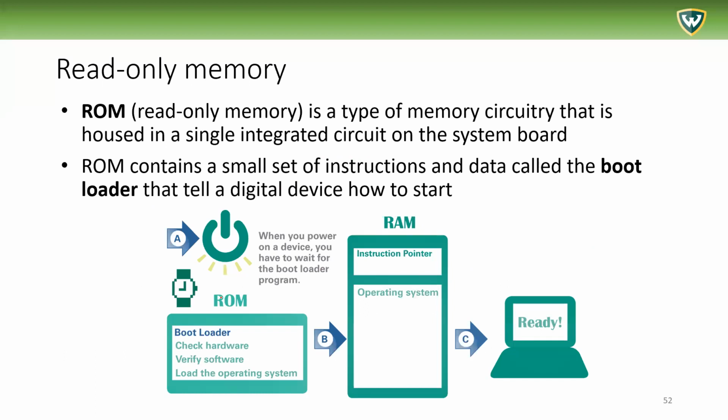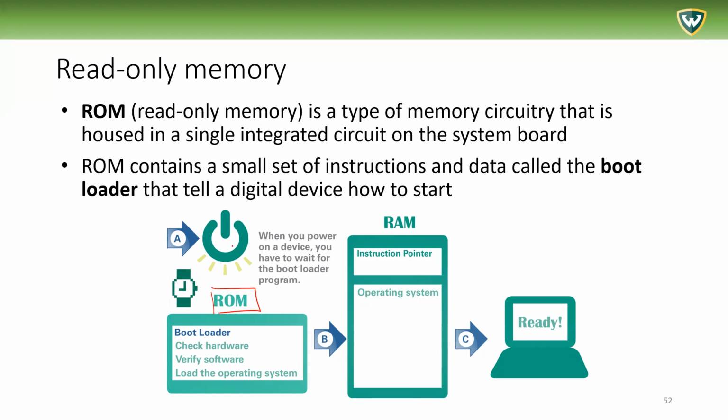Read-only memory. Read-only memory is a type of memory that is housed in a single integrated circuit on the system board. So that is a kind of memory that you cannot modify, it's only read, and it carries out the instructions to, for example, load the operating system.